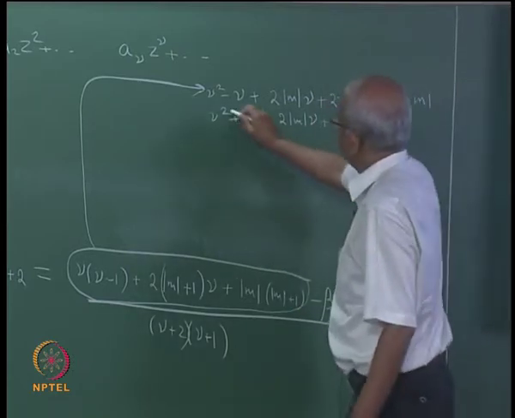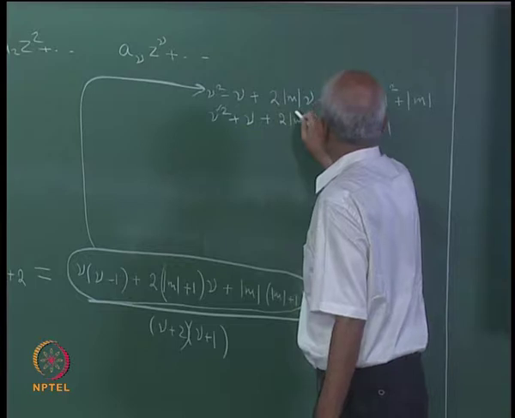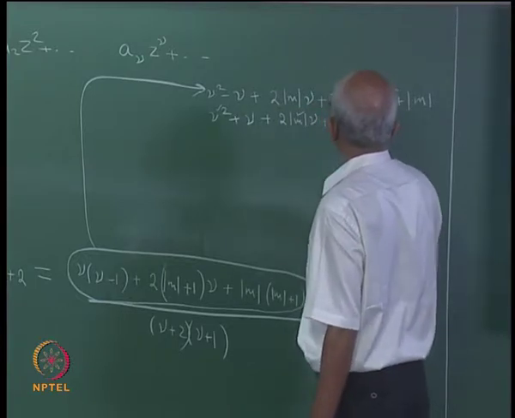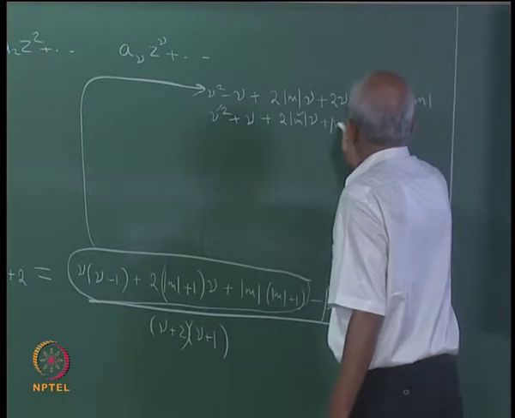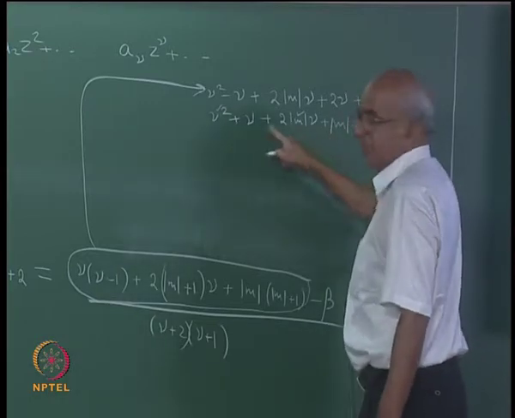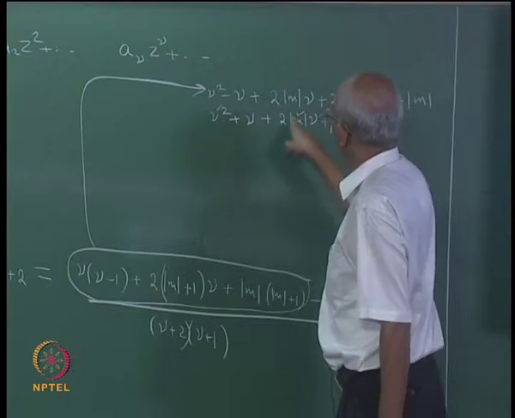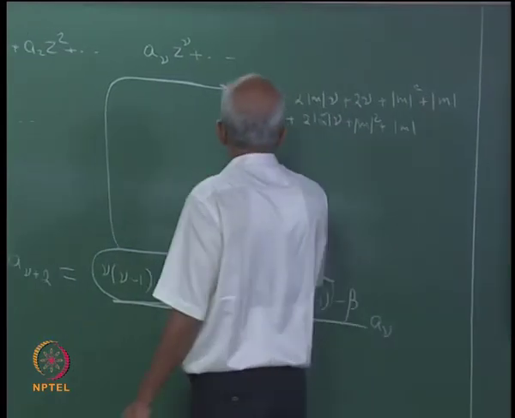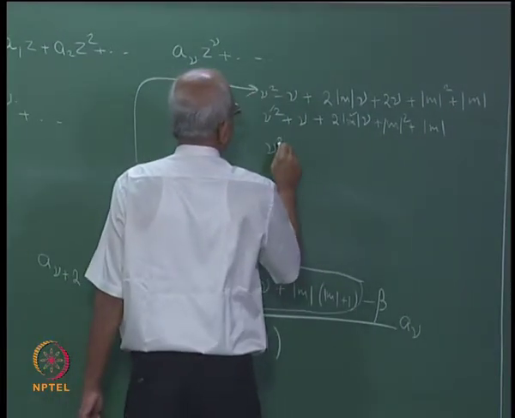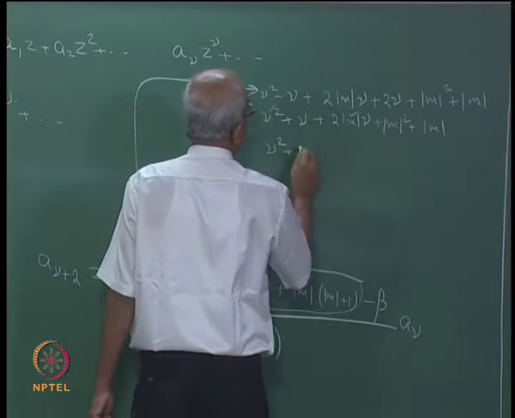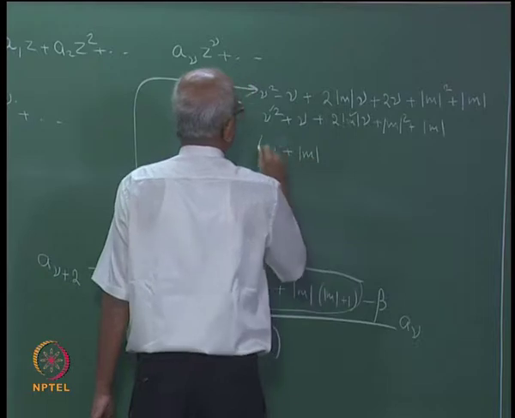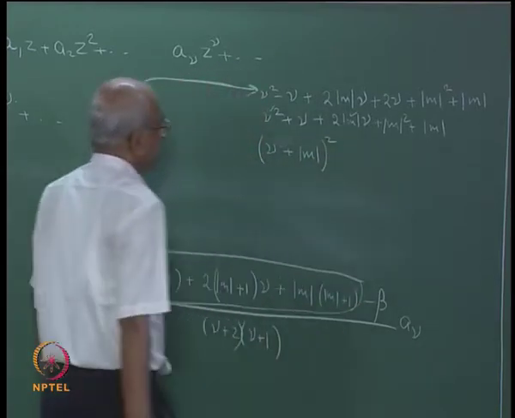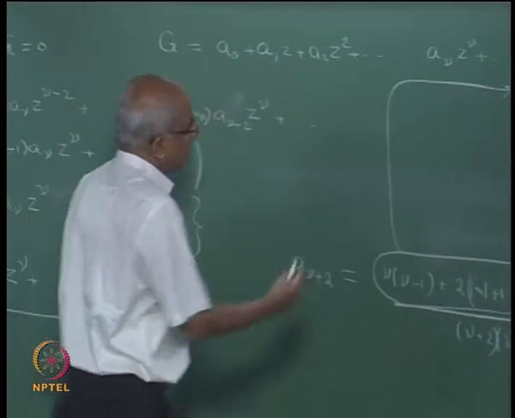But then this one and this magnitude of m square you can combine, right. This one, that one and that one you can combine. You are going to get nu square plus, if you combine, you will get (nu plus magnitude of m) the whole square, plus what are you left with?